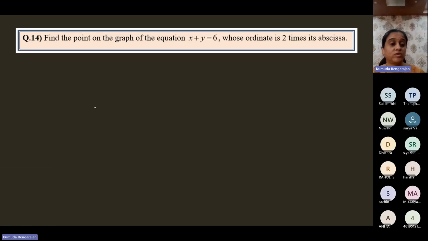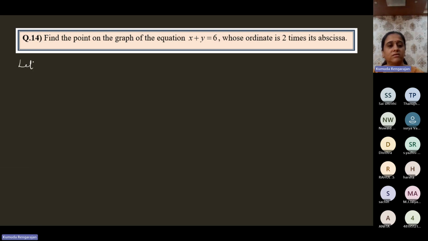See, by now, you know that a linear equation in two variables x and y is represented by a straight line in the Cartesian plane. X plus y is equal to 6 is a linear equation in two variables x and y. And graphically, this is a straight line.